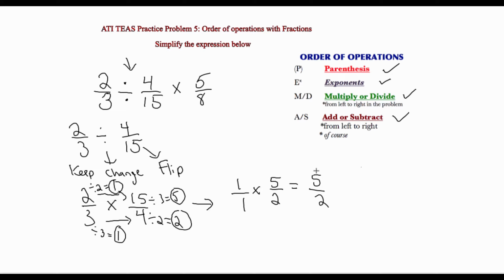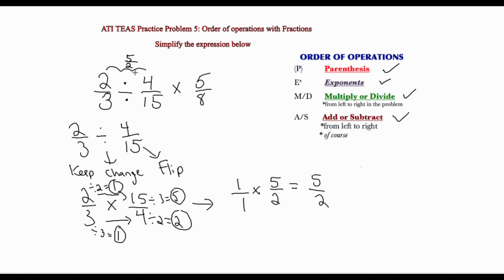Okay, so what we've done is we've taken 2/3 divided by 4/15 and turned that into 5/2. So I'm going to get rid of this arrow and put a little bracket here and say that this has changed to 5/2.